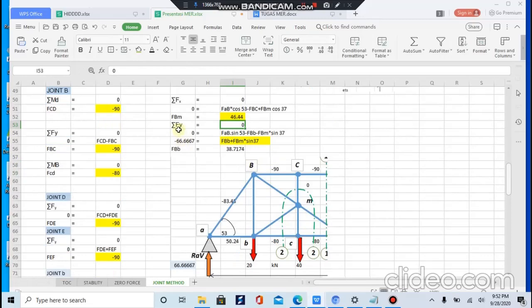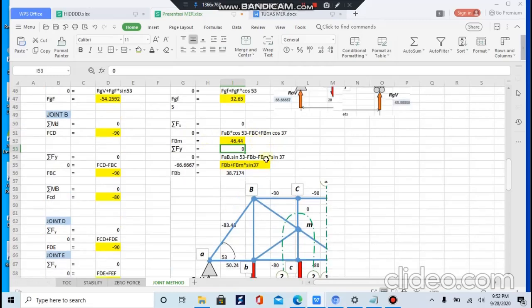For sigma Fy is equal to 0, so 0 is equal to FAB times sinus 53 minus FBB minus FBM times sinus 37.